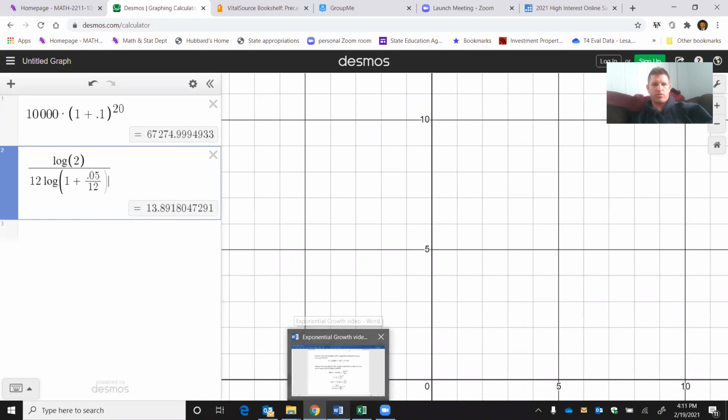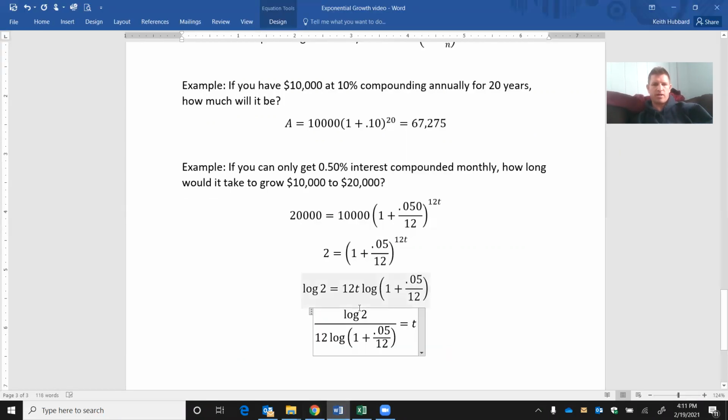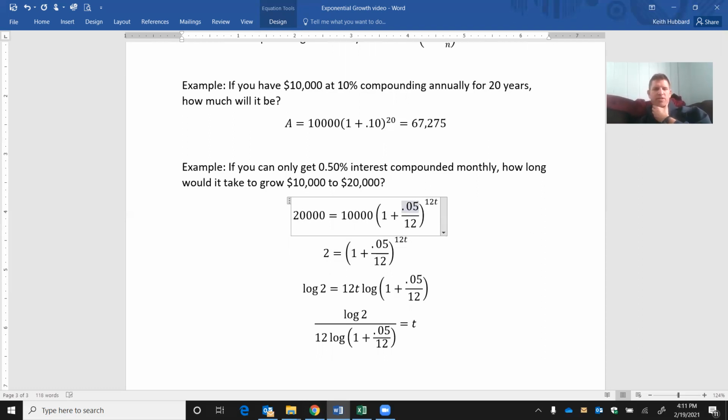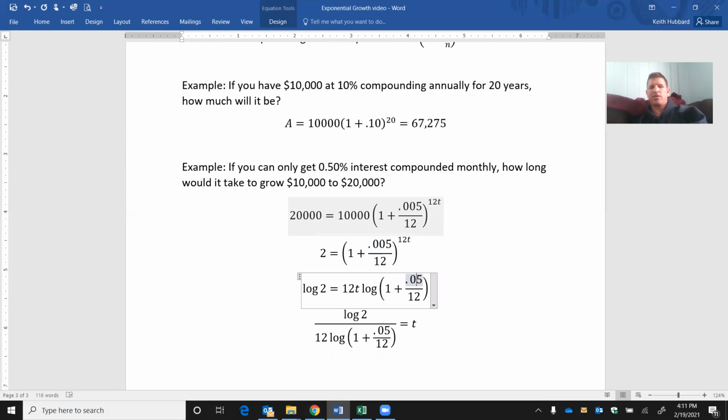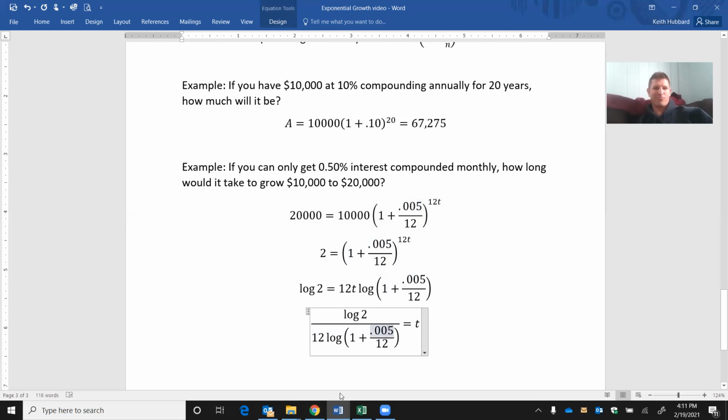That's way too soon. So let me go back and ask myself, why is that wrong? And this is part of the math process, right? Well, I look at this and I realize, uh-oh, I gave myself 5% interest. Yeah, at 5% interest, about 13 years would be right. But you didn't get 5% interest. You got 0.5% interest because that's the best a bank is offering right now. So that's the number that we want.